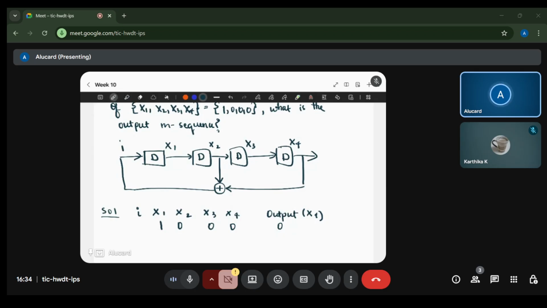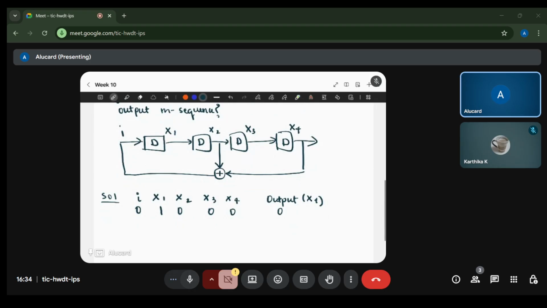It is 0 plus 0, which is 0. Now, when the clock pulse comes, it will give the output as 0 and the states will be shifted. So this 0 which is present here will go to x1, and then this 1 that is here will go to x2.